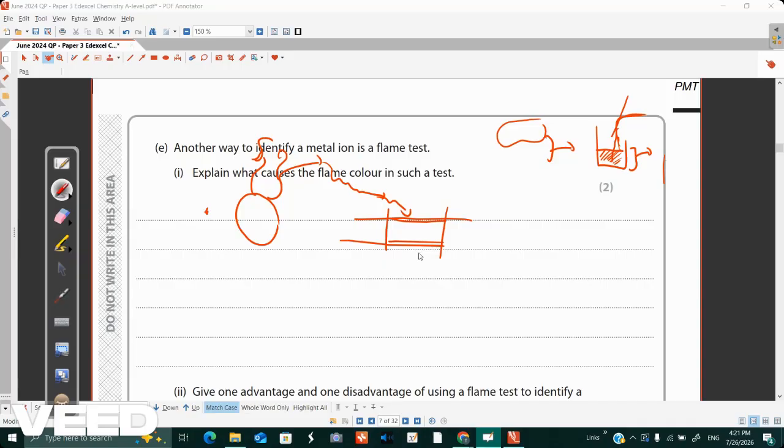Therefore, we can see a color, right? When the electrons are promoted to excited, absorbing the energy of the flame, and again they are falling back, they are releasing energy as radiation. If the radiating energy is within the range of visible spectrum, we are starting to see a color, right? So you can write this answer in two, three lines. Okay.